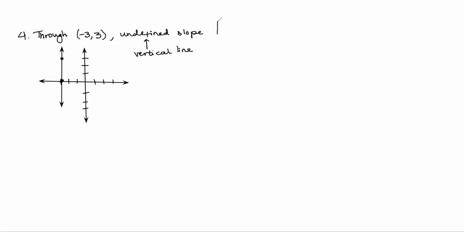Same thing with this last one here, number 5. We're told that it goes through 3, -2. And it has a slope of 0, or a 0 slope. So what we need to know here is that a 0 slope means that we have a 0 on top of our fraction here.